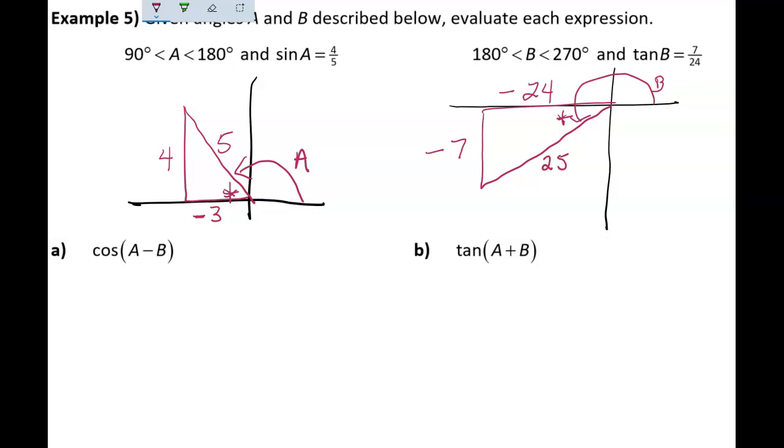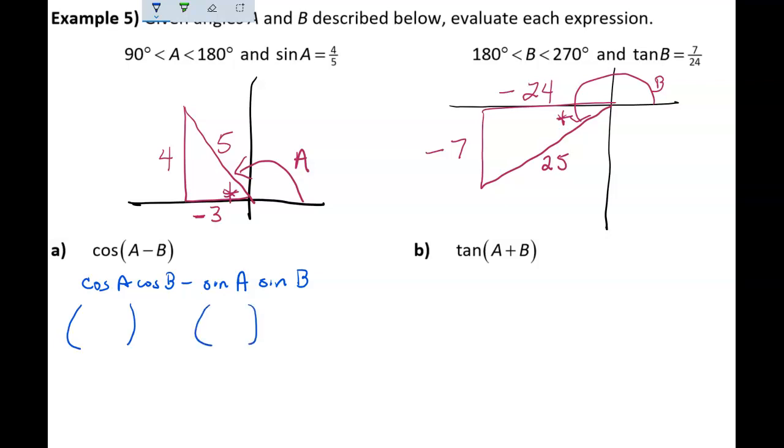And now let's use those drawings to find cosine of A minus B. Well, cosine of A minus B is just cosine A cosine B minus sine A sine B. All right, let's take a look at our A drawing, and let's fill in the A values.